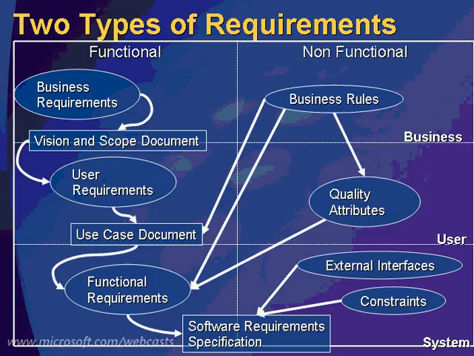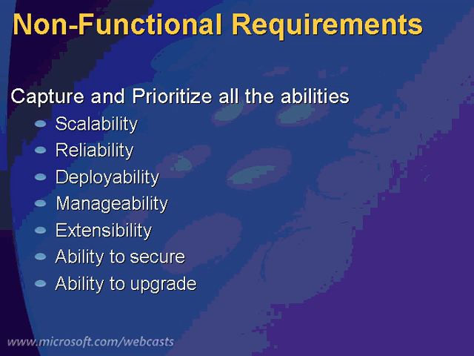Things like business rules that need to be inferred from different processes, quality attributes around the user in terms of system response time and page refresh, those types of things. And then external interfaces in terms of availability of those interfaces. Maybe there's constraints on how often the system can be brought down or not. And all these things come together to define the two basic types of requirements around functional and non-functional requirements.